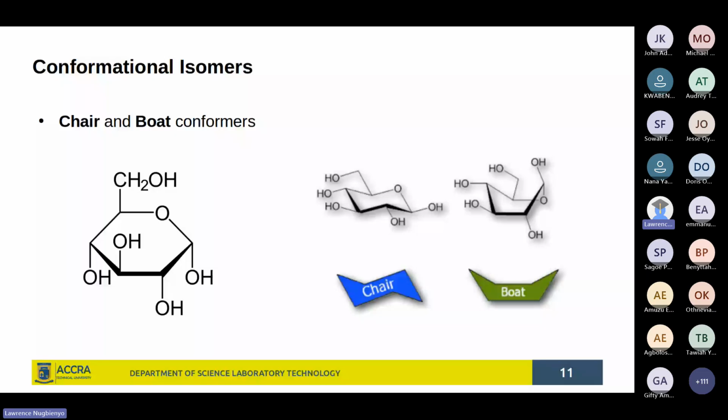Actually, there are other conformers that you see if you go do some research, like half chair conformers and even twisted boat conformers. You find those different kinds. But at this stage, let's just focus on the chair and the boat conformers.